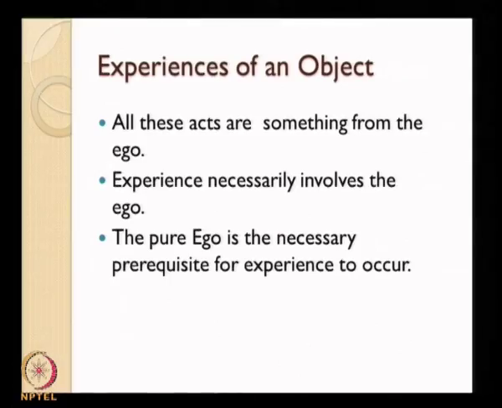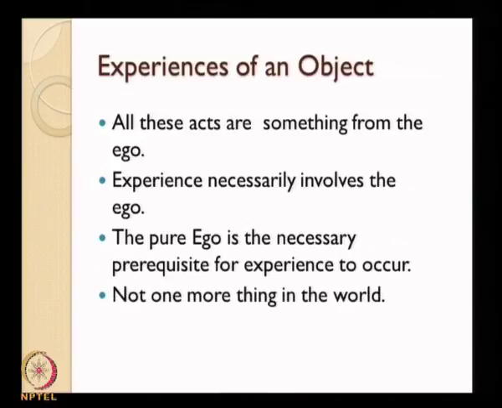Experience necessarily involves the ego. The pure ego is the necessary prerequisite for experience to occur. So, that is what Husserl said: the world itself comes to being because of the ego, because of the transcendental subjectivity, not one more thing in the world, but the agent of intentional life.